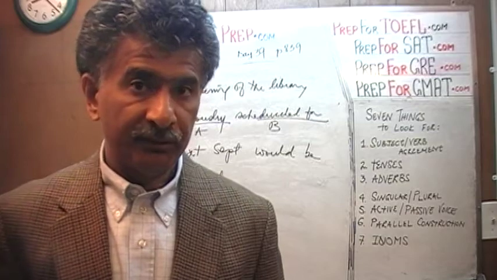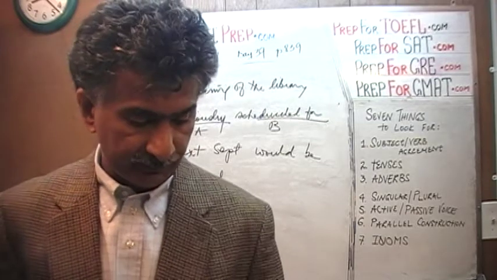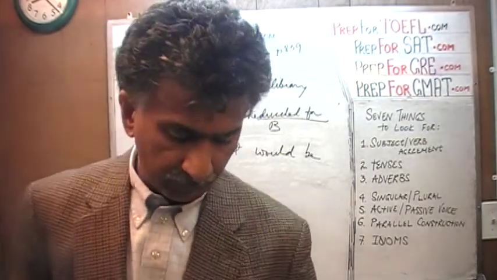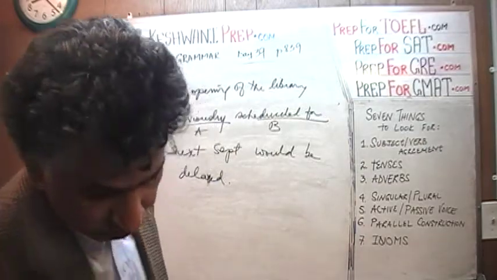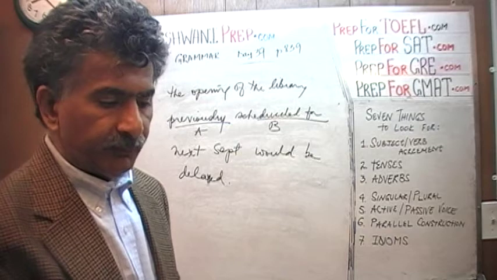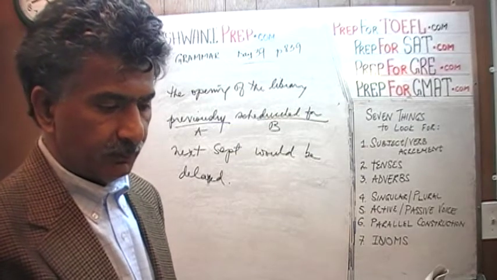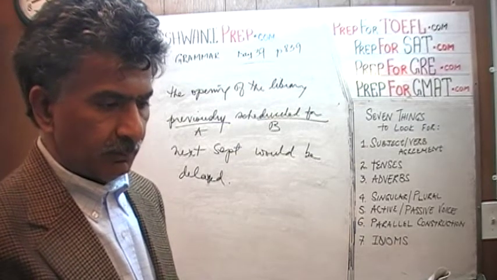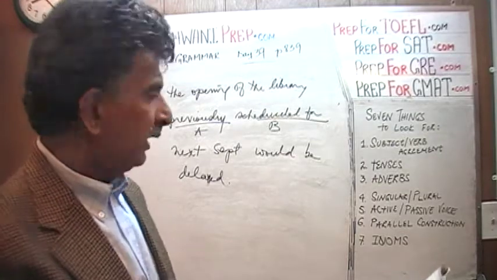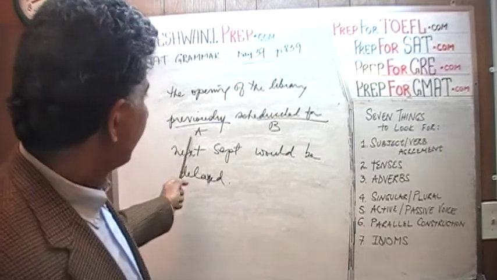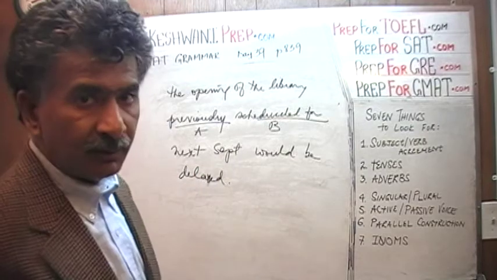So whatever is wrong with the sentence is somewhere in the middle, because it's not the end. I say it's either in the middle or in the beginning. Let's see what we can do. The sentence starts out by saying, unfortunately, the opening of the new library complex previously scheduled for next September.